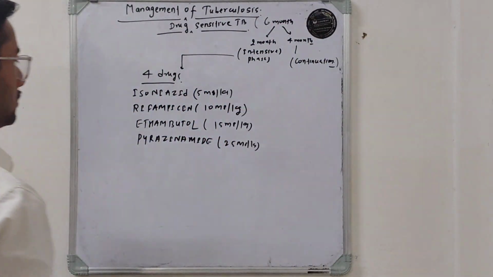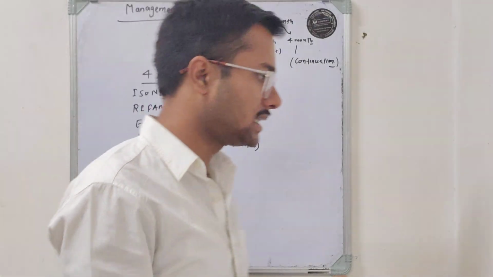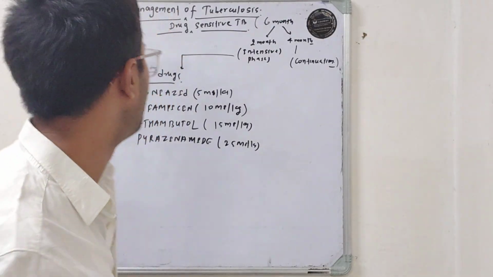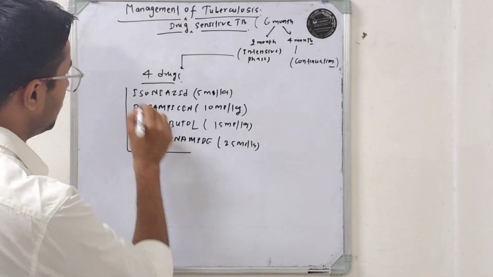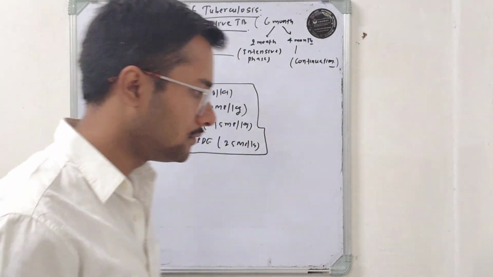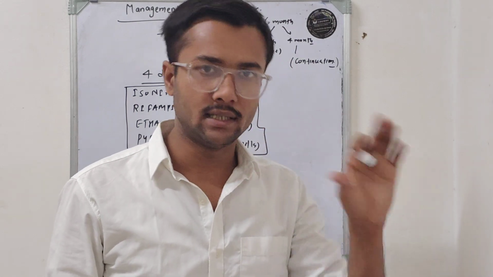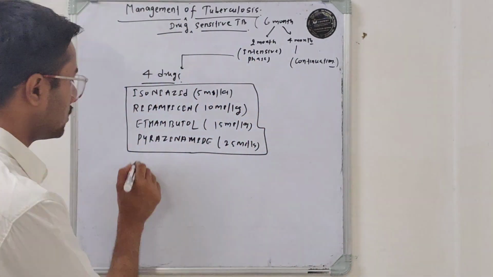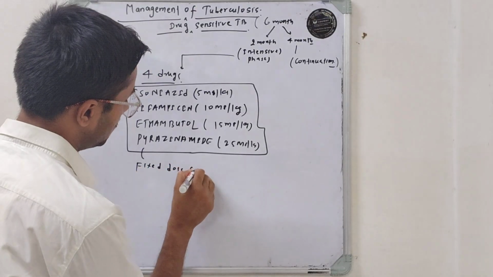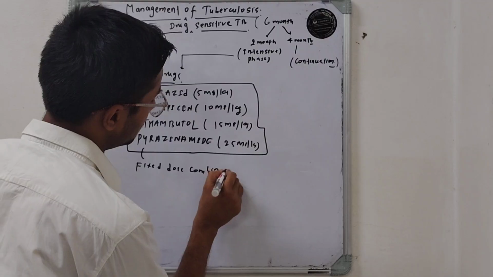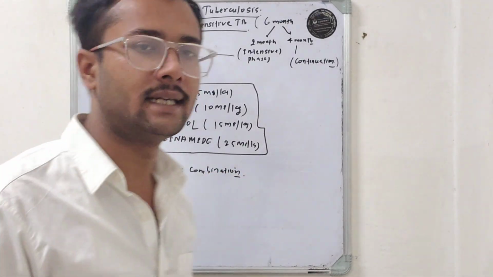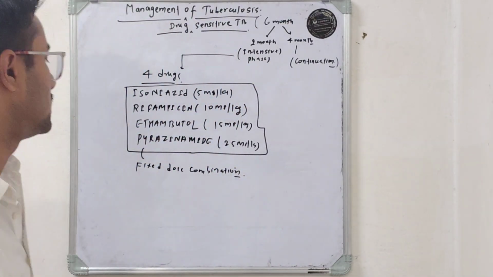So what happens? We can't give 4 separate drugs to the TB patient. We combine all these drugs in a single tablet. When we combine more than 2 drugs in a single tablet, it is called a fixed dose combination.